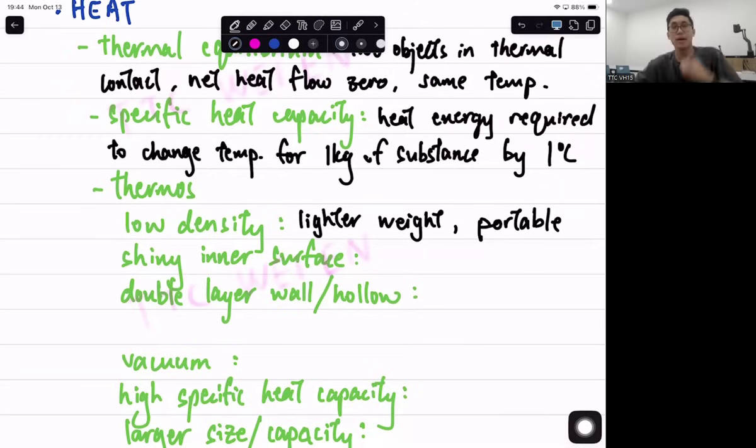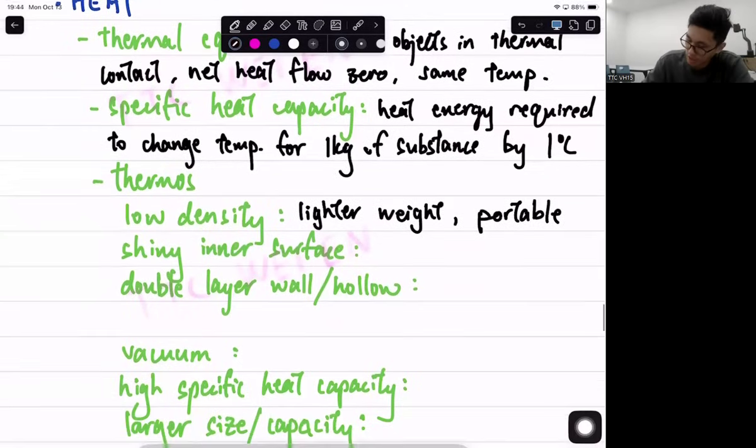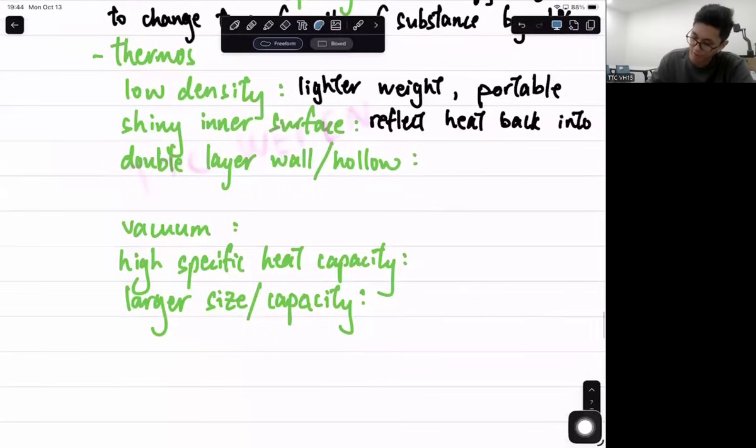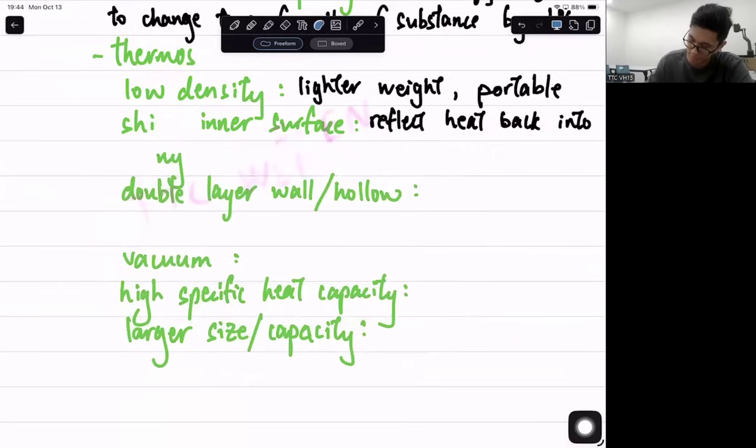I'll suggest to them, you must have a shiny inner surface so I can reflect heat back into the food.